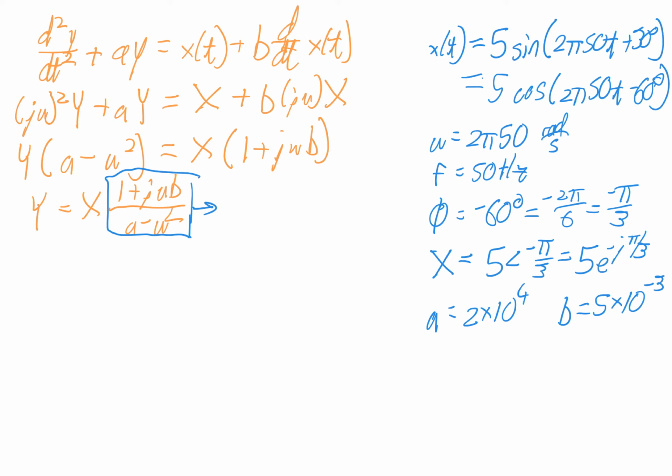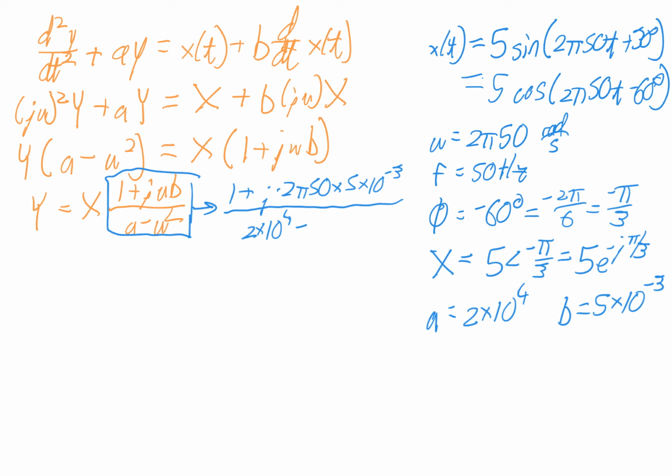So this factor is going to be 1 plus j omega b, so j times 2 pi 50 times 5 times 10 to the minus 3rd, over the parameter a, 2 times 10 to the 4th minus omega squared.